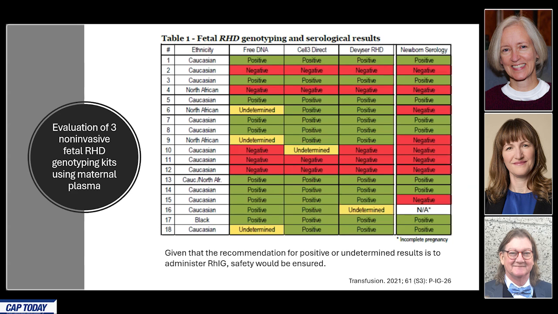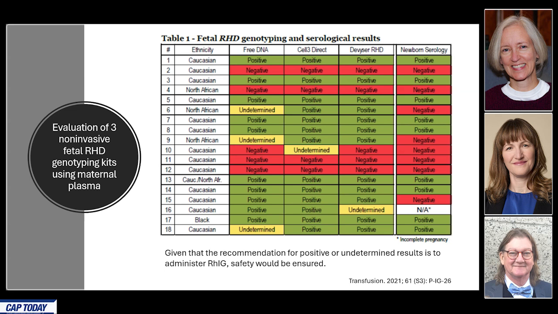We decided to evaluate these three assays to see how they perform and compare them to each other. As you can see in the table, we compared the results with the newborn serology. And when a result was undetermined, we requested a buccal swab of the newborn and performed an RhD genotype.